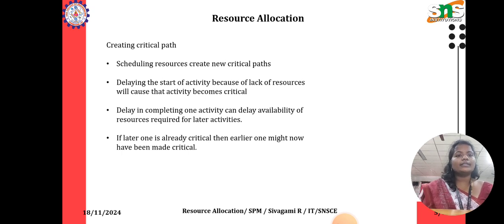Delaying the start of an activity because of lagging of resources will cause that activity to become critical. Delay in completing one activity can delay availability of resources required for later activities.